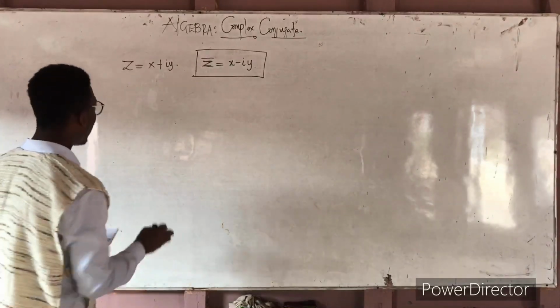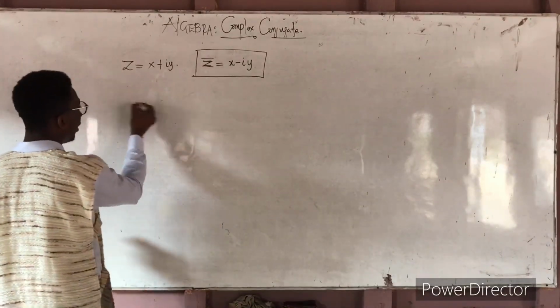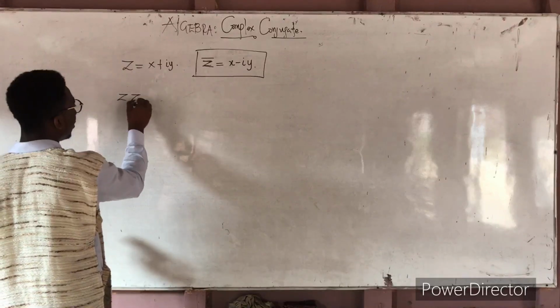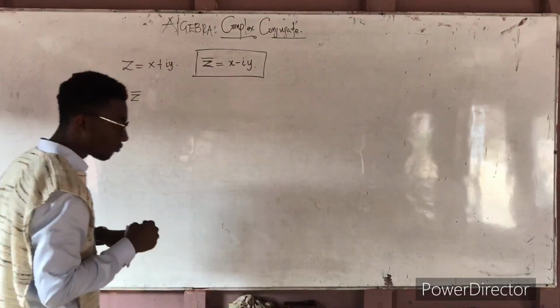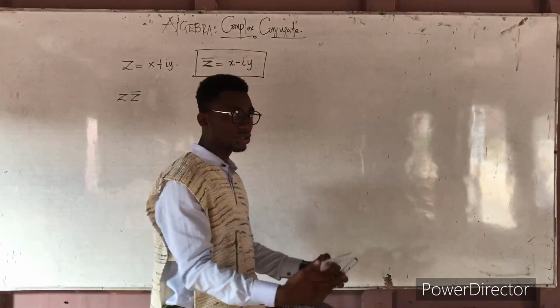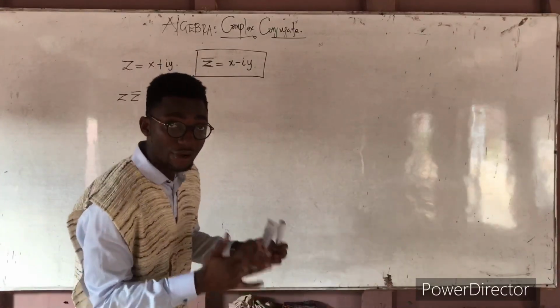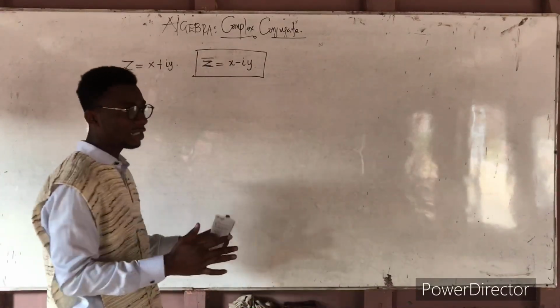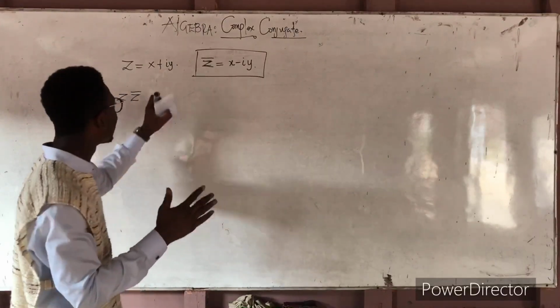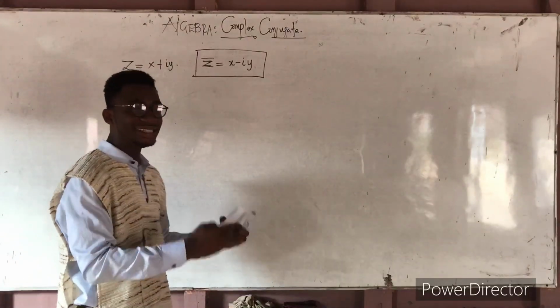If a complex number multiplies its complex conjugate, it leaves us with a real answer.